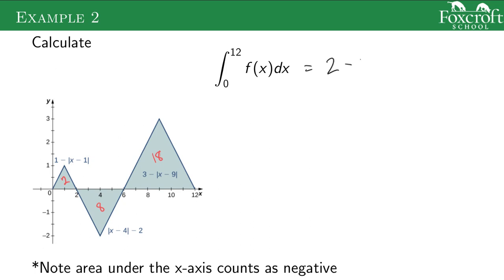We're going to subtract 8 because the triangle is below the x-axis. Any area under the x-axis is going to count as a negative area, and then plus 18. So that's 20 minus 8 is 12. So the area under this one is only 12, even though it's the exact same shapes as the previous example. We're going to say that areas under the x-axis are negative. This is the important thing to get from this example.